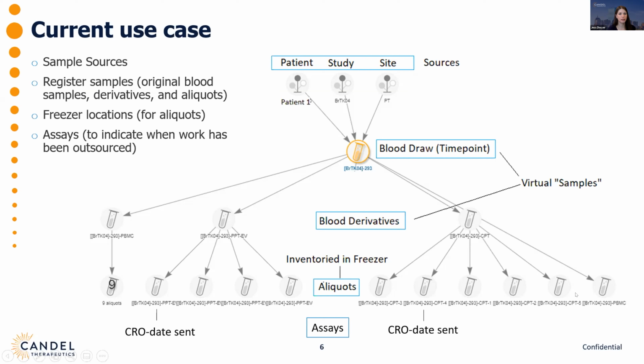It's really these aliquots that are shipped to us, and we log them into the freezer, where they're given a location in Sample Manager's freezer management tool, rather than being sent out to our CROs or collaborators so that they can run the biomarker assays. These events are tracked as assays and logged out of the freezer, since the collaborator then depletes the contents.